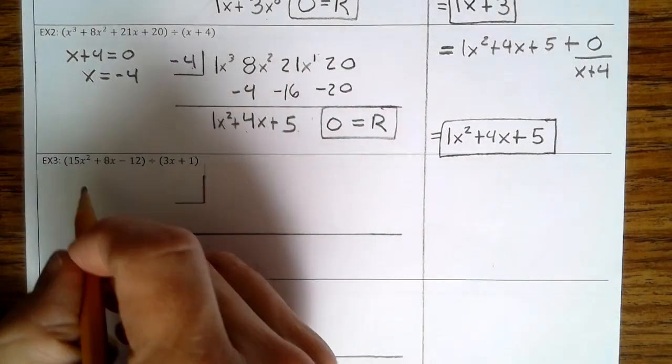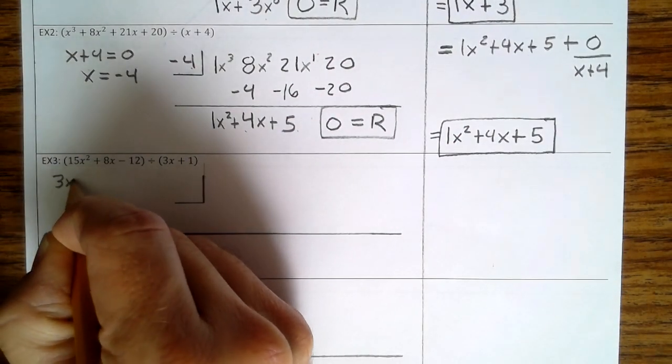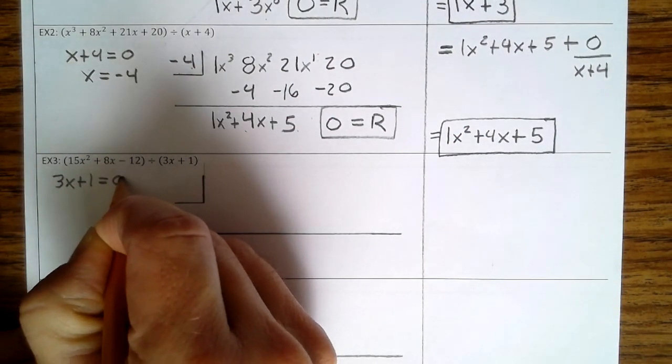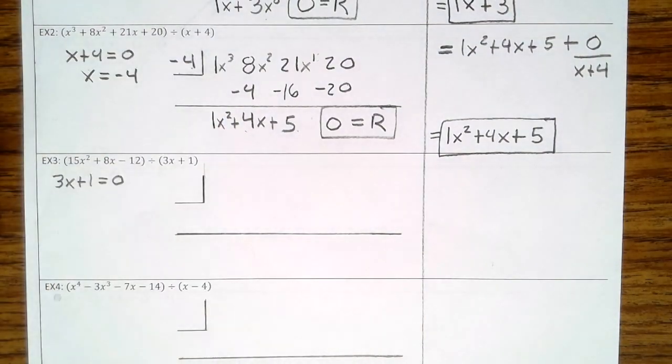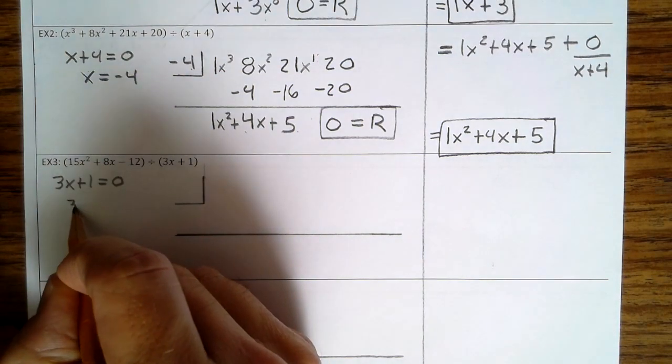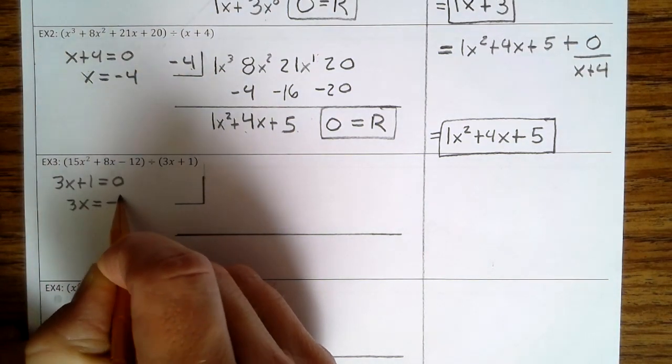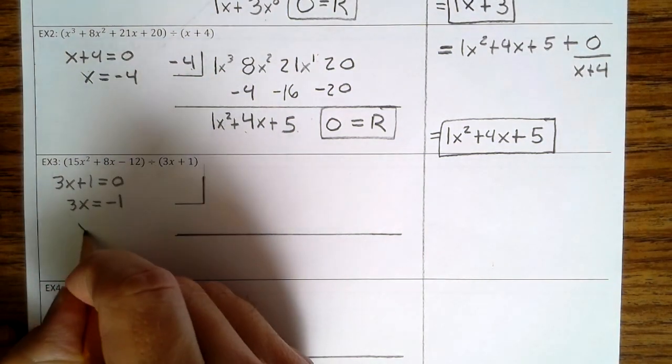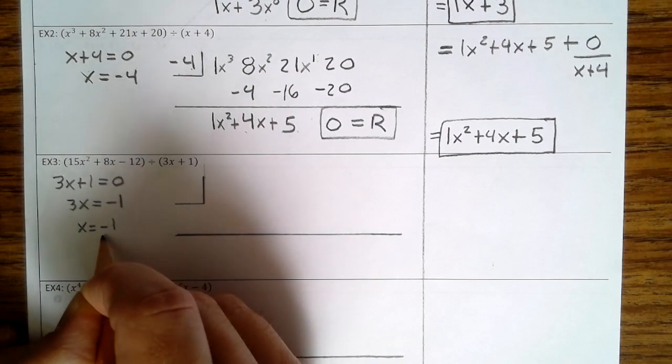Now we need to set 3x plus 1 equal to 0. Subtract 1 from both sides, you get 3x equals negative 1. Divide both sides by 3, x equals negative 1/3.